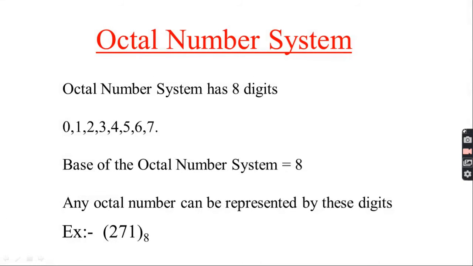Coming to the octal number system, it uses only 8 digits, that are 0 to 7, meaning 0, 1, 2, 3, 4, 5, 6 and 7. As we are using 8 digits in the octal number system, the base or the radix of the octal number system is 8. Any octal number can be represented by these digits only, and here is the example for the octal number system.